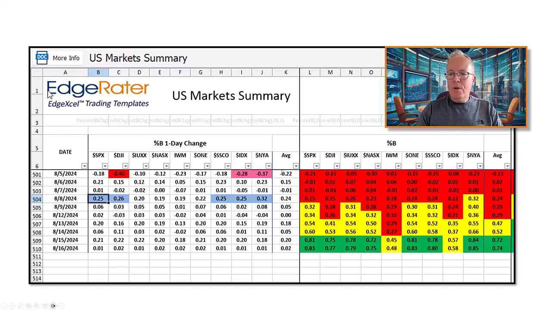And then what we look for is on the left-hand side, we look for the %B one-day changes to be over a certain value, and we hope to get a complete row of blue %B one-day changes, which then tends to lead to the %Bs going into the yellow territory, and then finally getting back into all green.